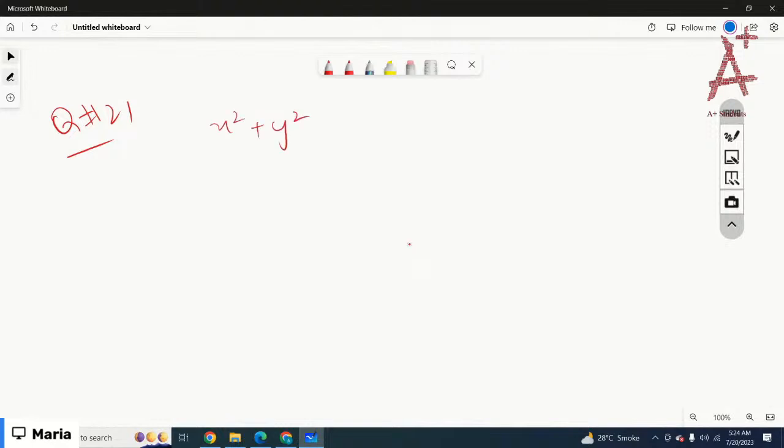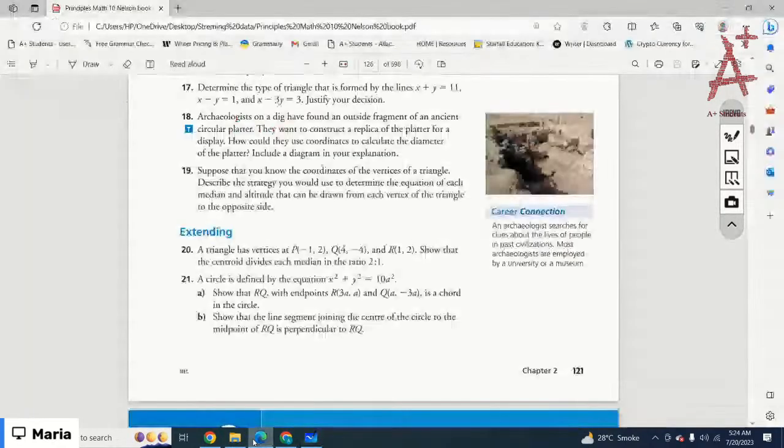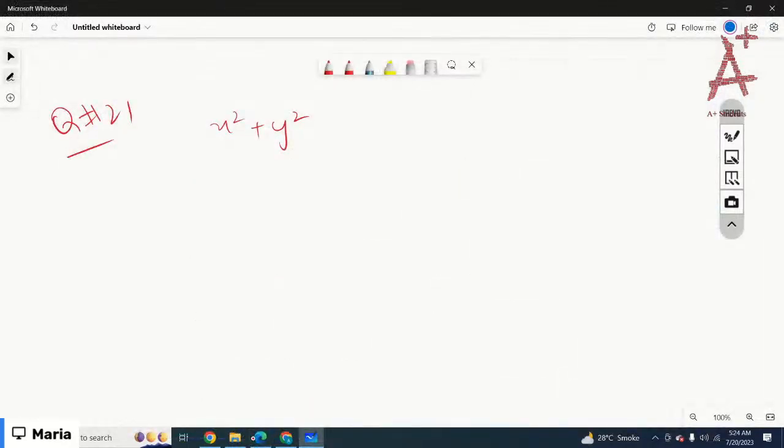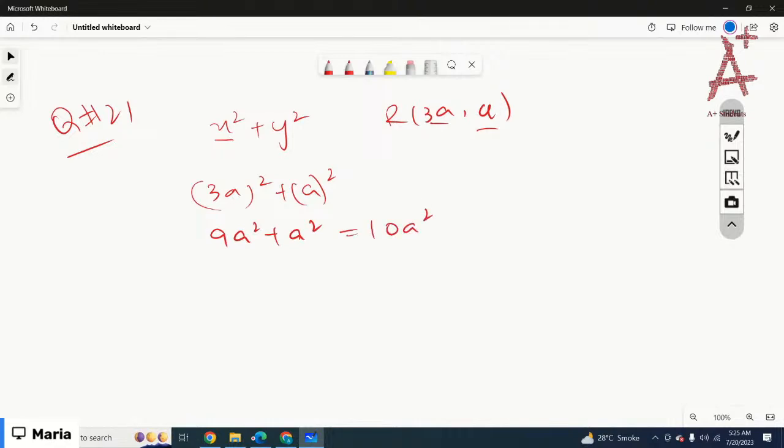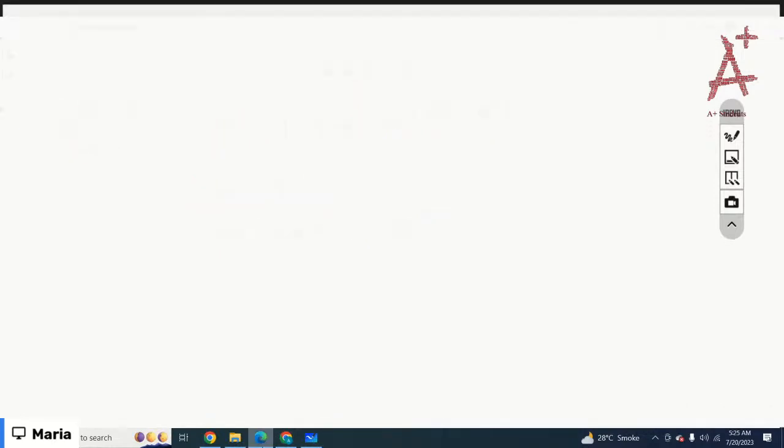The point is 3a, a. This is x, this is y. 3a squared plus a squared, 3 squared is 9a squared plus a squared, that equals 10a squared. You can see the other side of the equation is also 10a squared. So when you put the point 3a, a, it equals 10a squared.